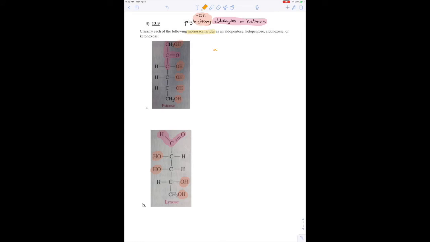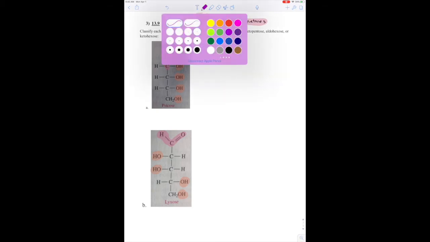If they are an aldehyde, then you give them the prefix aldo. If they are a ketone, then you give them the prefix keto. Then the number of carbons.